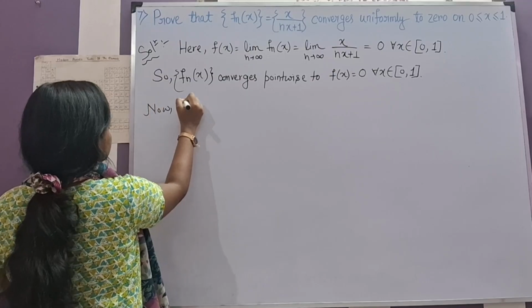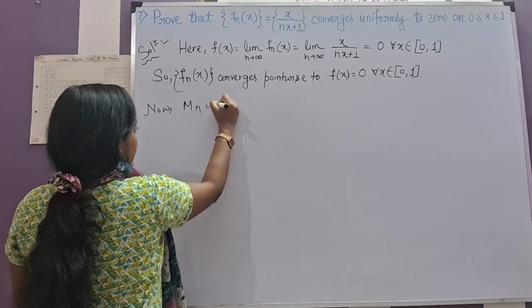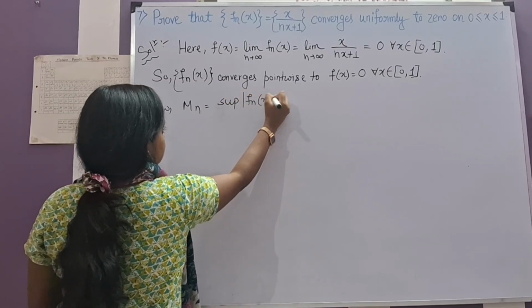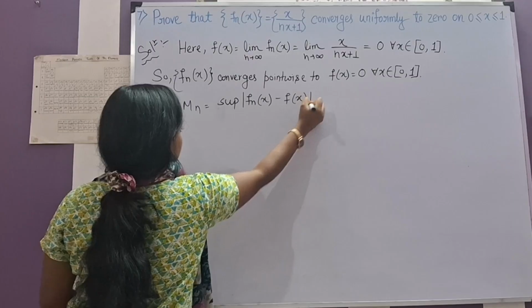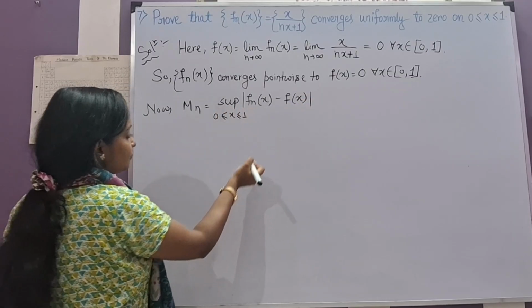Now, capital Mn equals the supremum of |fn of x minus f of x|, where 0 ≤ x ≤ 1.